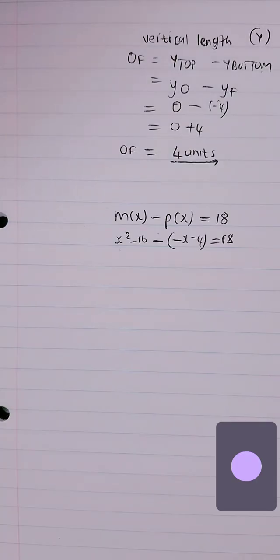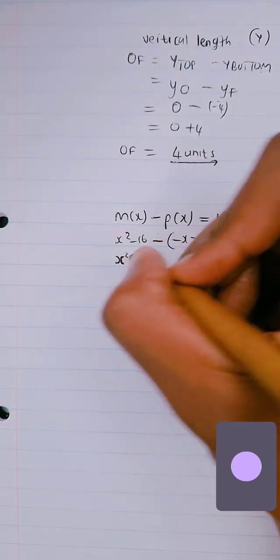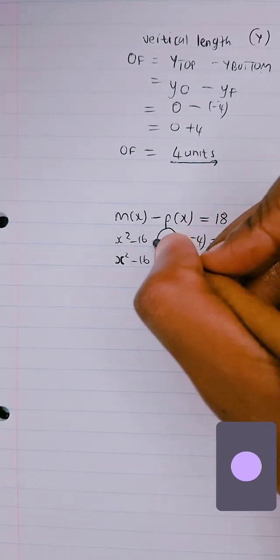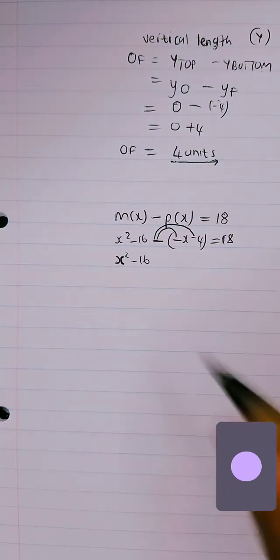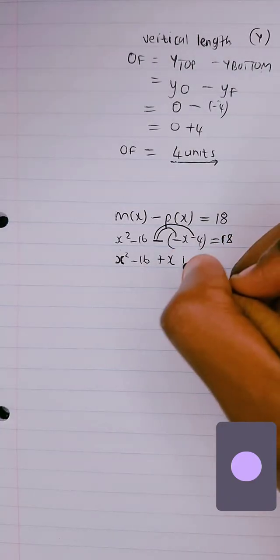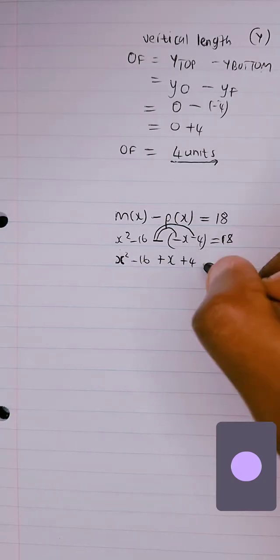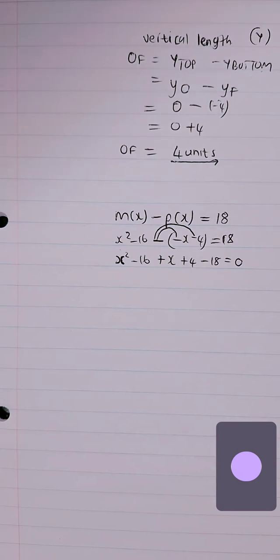Then x squared minus 16, we distribute the negative sign inside the bracket. We get positive x. We transpose the 18, it becomes negative 18.